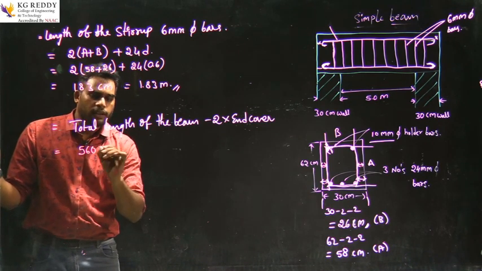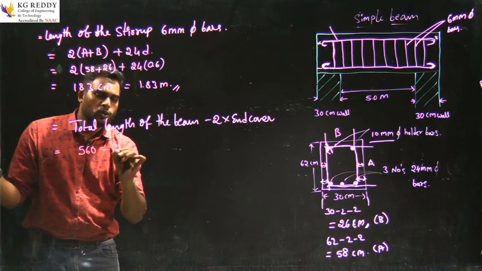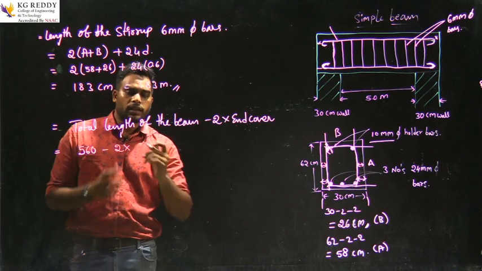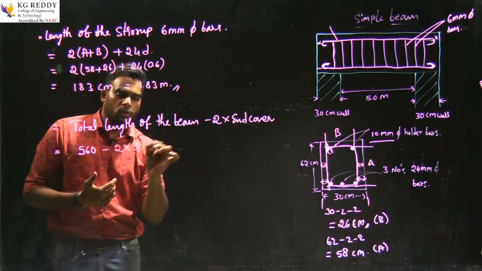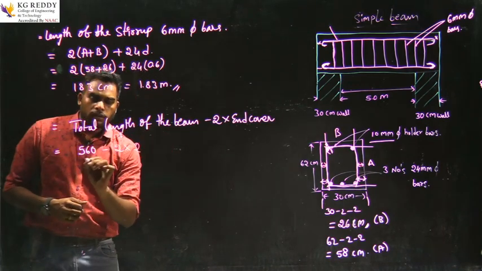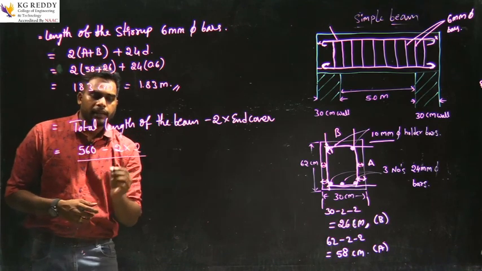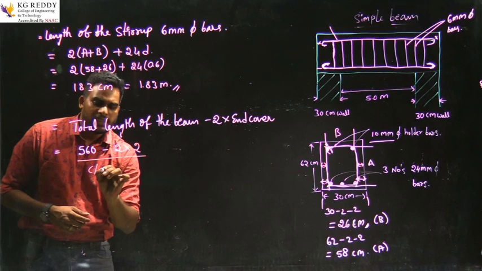Minus 2 into end cover, which we already assumed is 2 centimeters, divided by the center to center spacing of stirrups.